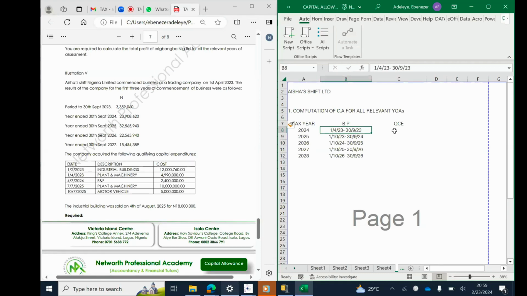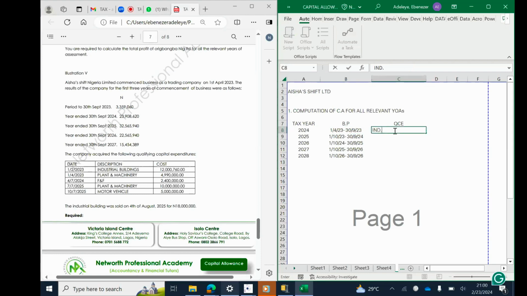The industrial buildings, which was the first one, was acquired 1st of February 2023. Have they started business then? No, they have not started business. So remember, we recollect that any asset that is acquired before the date of commencement will be treated as though it was acquired on the first day of business. Am I correct? So it means that this one will come here, industrial buildings.